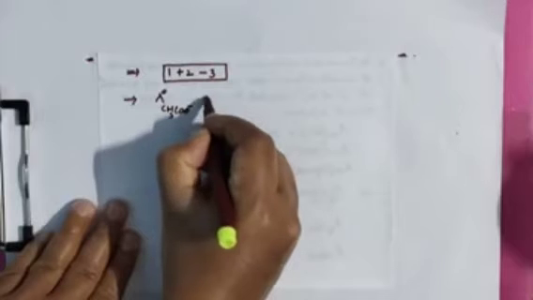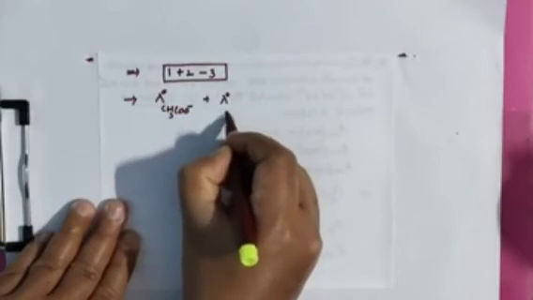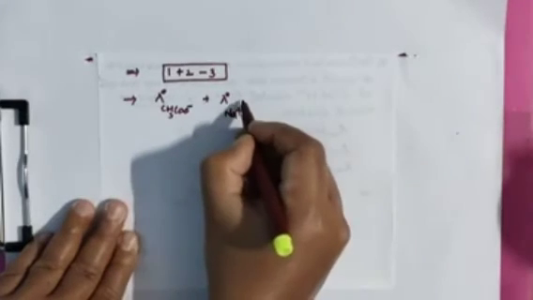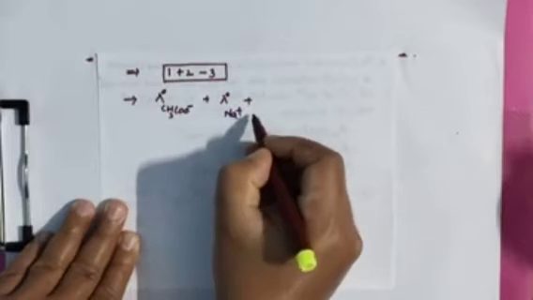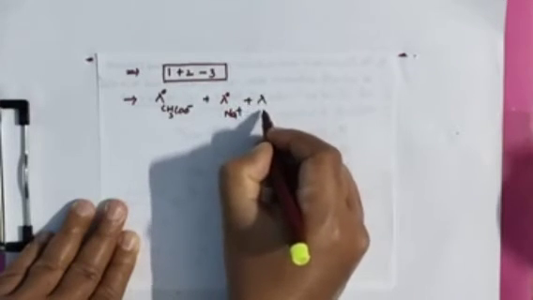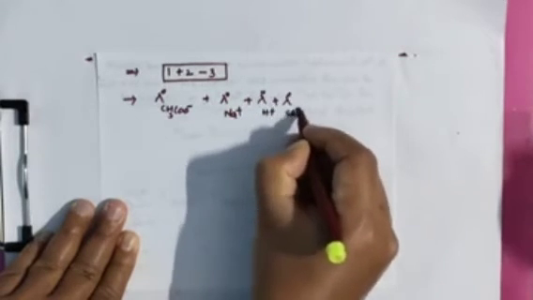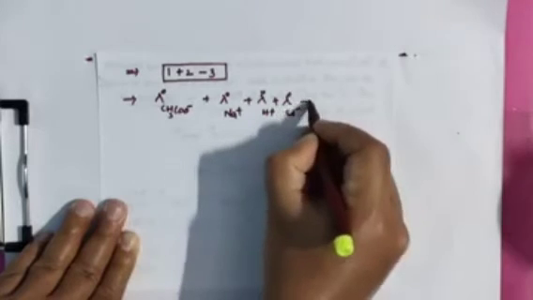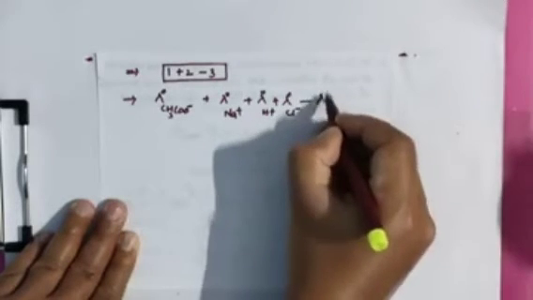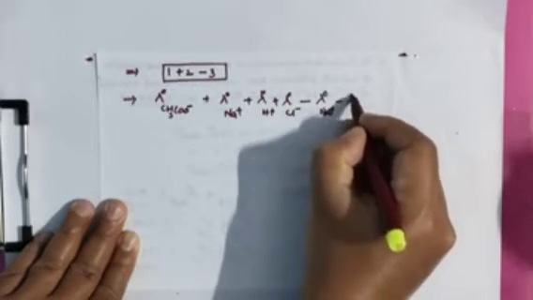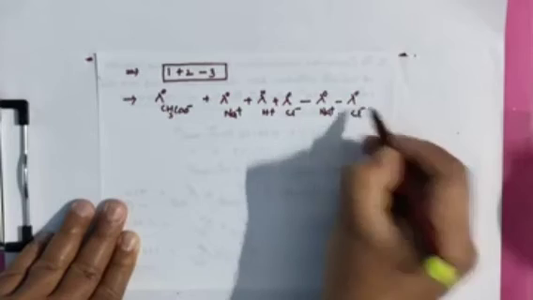Lambda CH3COO minus plus lambda Na plus, plus the second equation lambda H plus plus lambda Cl minus, minus the third equation lambda Na plus minus lambda Cl minus.